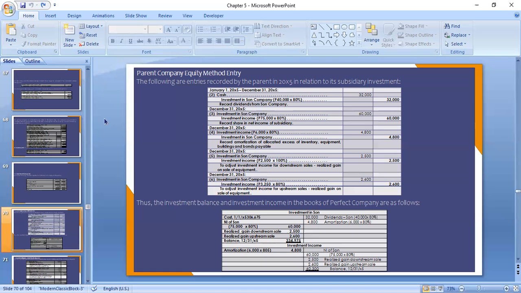Basta realized gain on sale of equipment or whatever tangible fixed assets, if realized, we debit investment and credit investment income for the realized gain. So we have the usual increase. Then we have now the balances of the investment in Sun account and investment income.